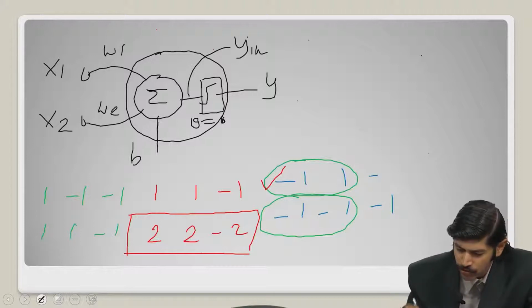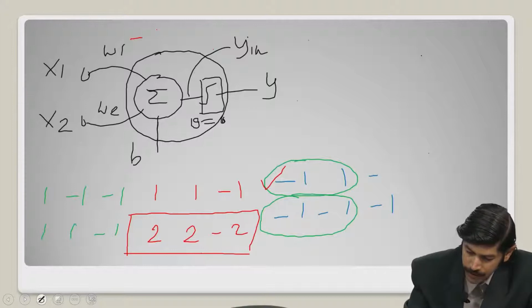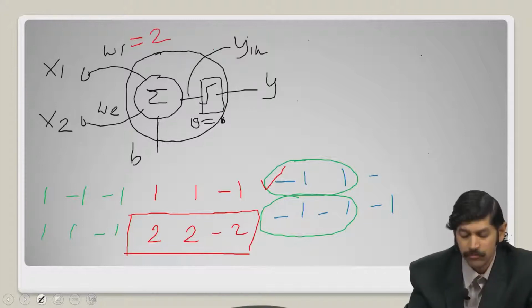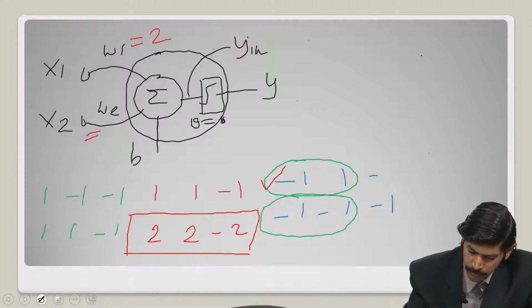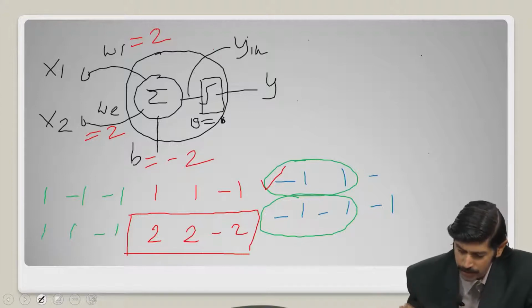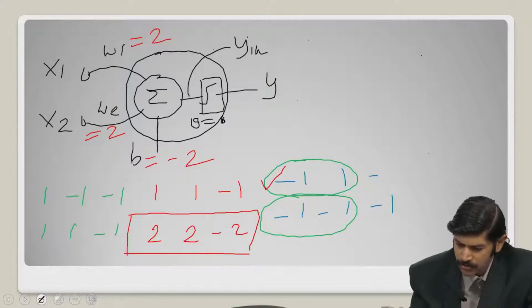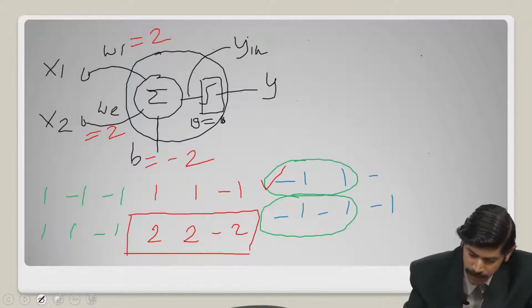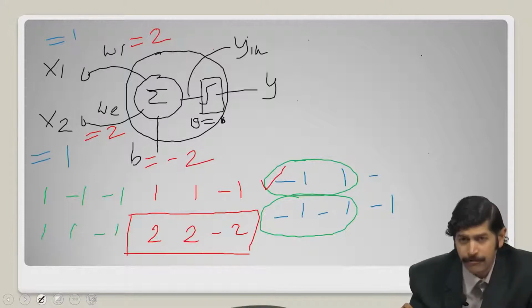And what has been told to us by Dr. Hebb is W1 is equal to 2, W2 is equal to 2, and this bias is equal to minus 2, and whether this works or not, we can verify for all different cases, but I am going to bring out the very first case wherein x1 is equal to 1 and x2 is also equal to 1. And what is the expected output?